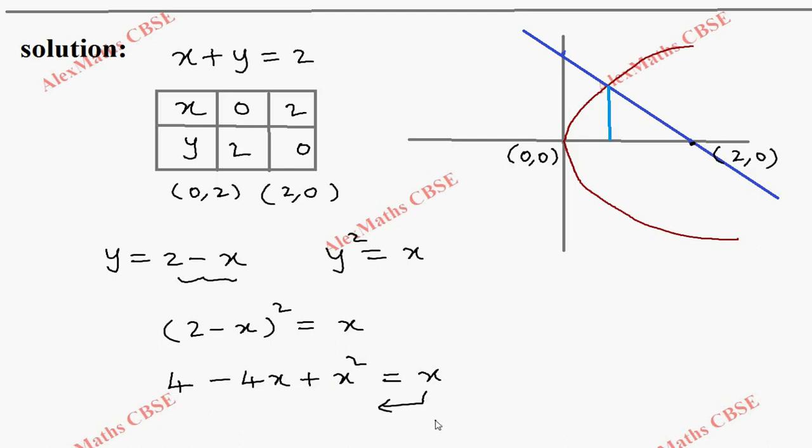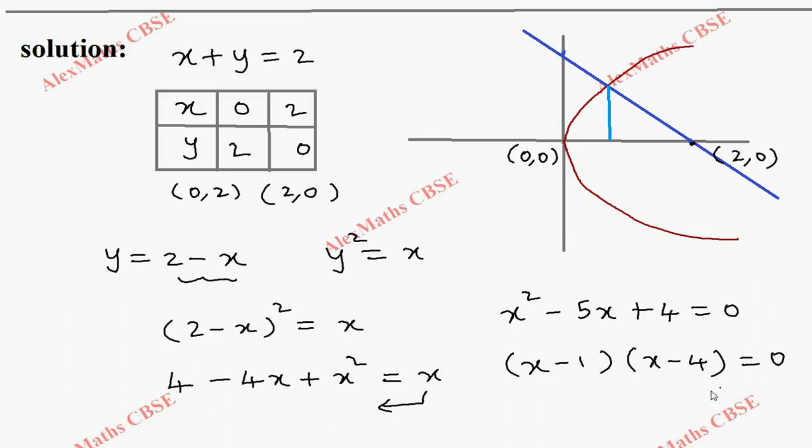Let's take this to the other side. So we get x square minus 5x plus 4 equal to 0. Now factorizing this, we get x minus 1 into x minus 4 equal to 0. It means there are two values of x, 1 and 4. But when we extend this parabola, the parabola and line will meet at another point, that may be 4.